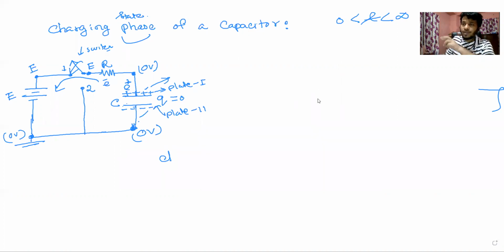Fine. Now we are talking about what would happen in between the initial state and steady state condition. That means what would happen when the time is greater than 0 but less than infinity? So there is another state in between the initial state and the steady state.